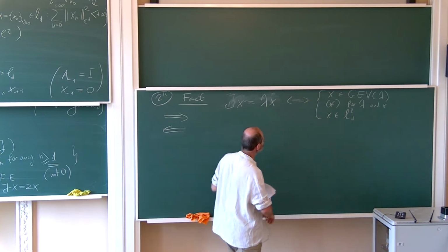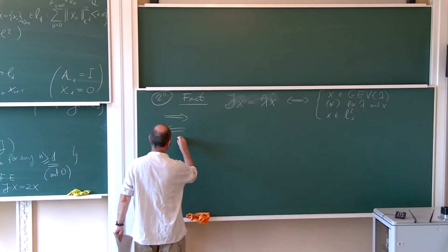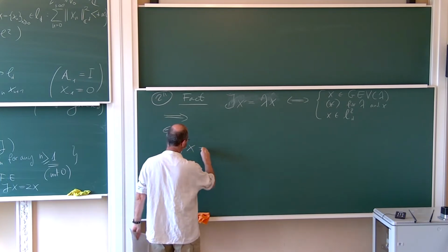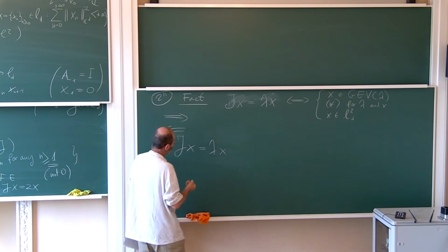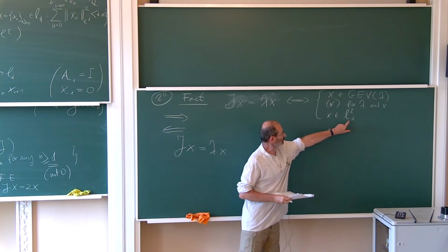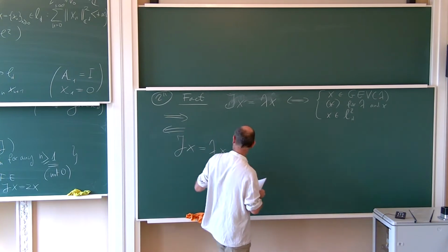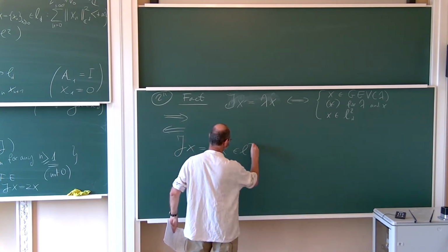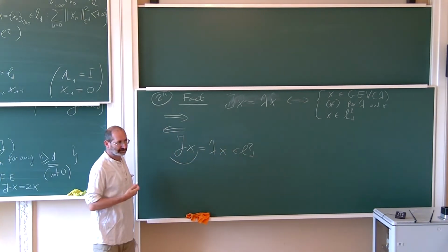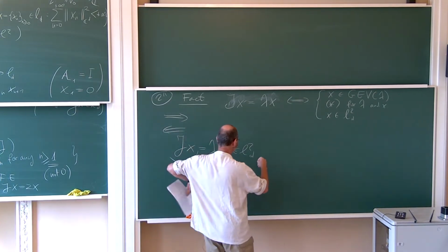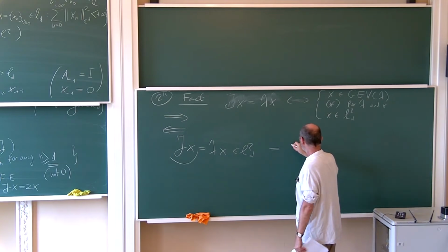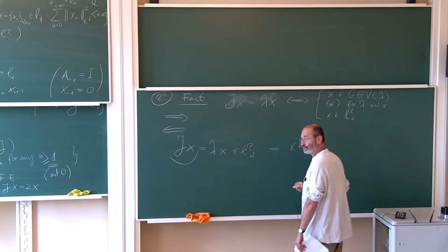These two conditions mean that for the formal operator, we have Jx equal to lambda x. And moreover, we know that x belongs to L2. So this also belongs to L2. Together, this and this mean that x belongs to the domain.